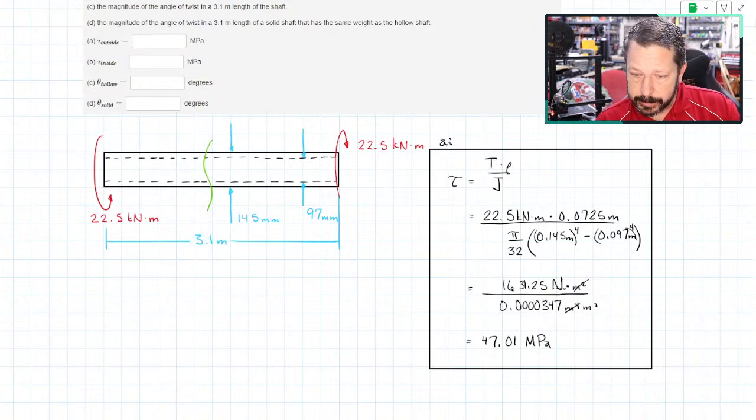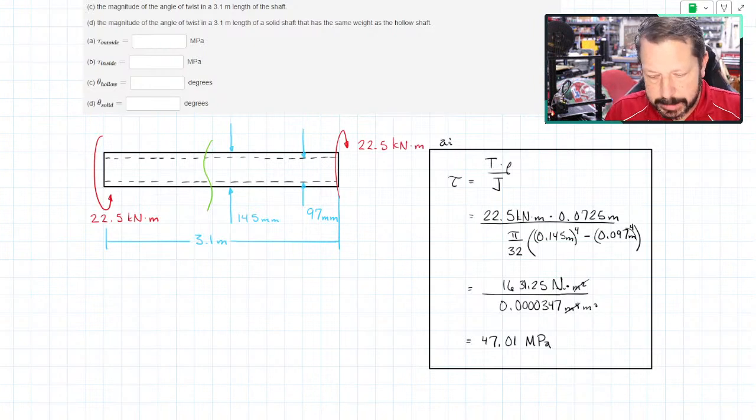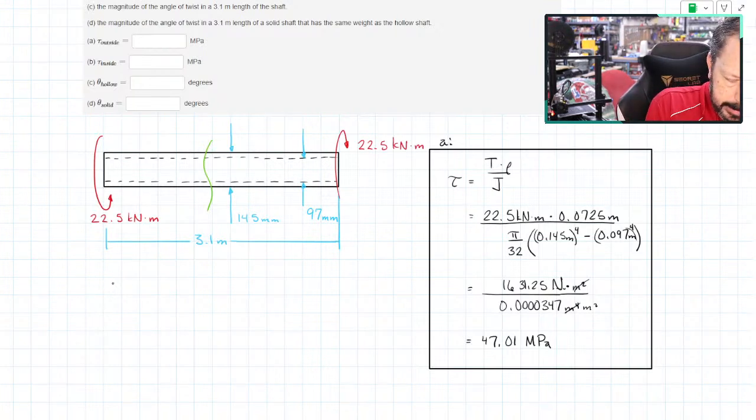It will be different because rho will be different. The distance from the center of the shaft to the inner surface is different from the distance to the outer surface. So it's going to be a little bit smaller stress, but it shouldn't be a lot smaller. So let's plug those numbers in and see what we get for part B.